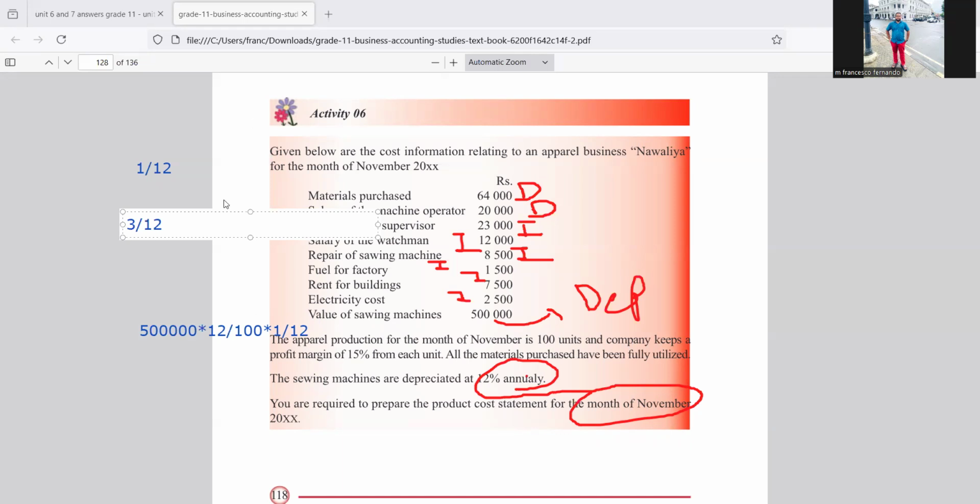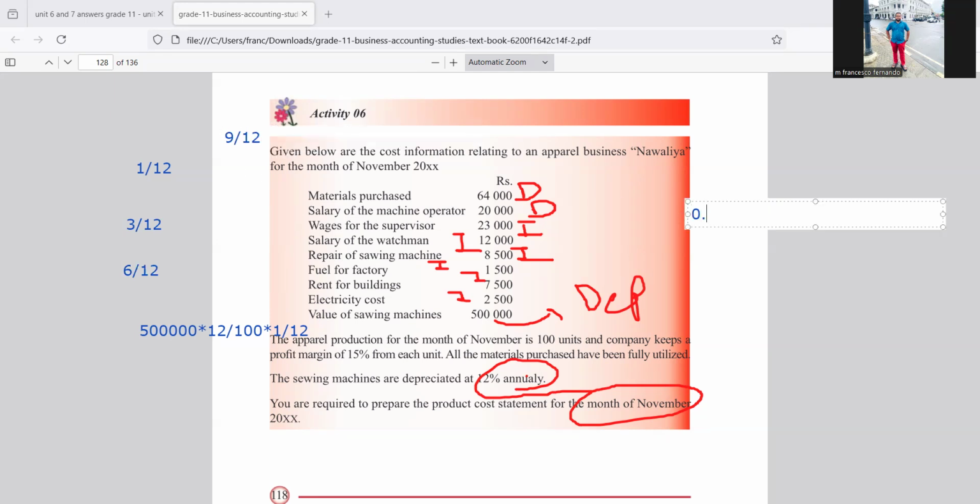So if they ask for a quarter, then what do you have to do? 3 over 12, because for a quarter there are 3 months. We have 4 quarters per year. Each quarter has 3 months. So you have to multiply it by 3 over 12. If it is for 6 months, 6 over 12. If it is for 9 months, 9 over 12.